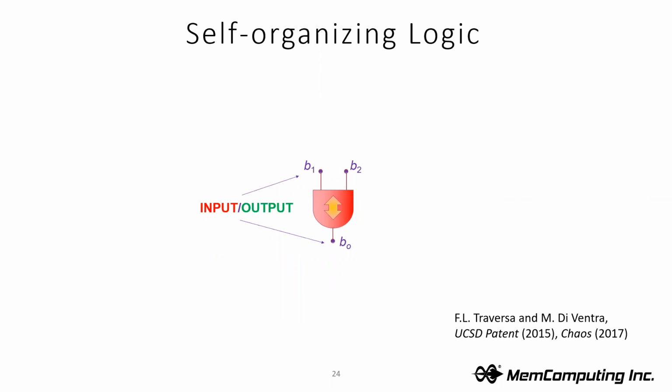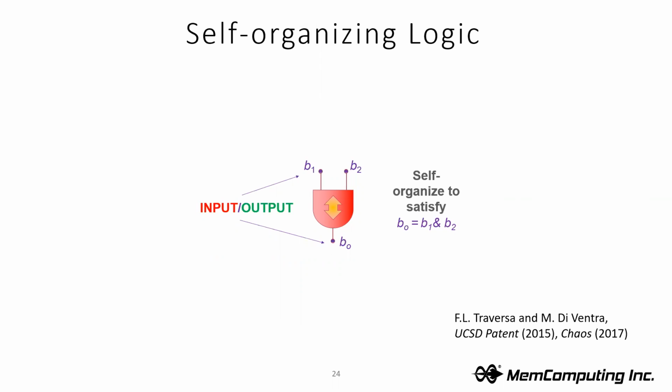They are essentially superpositional signals, and the only requirement is that, being a dynamical system, it will self-organize in order to satisfy the relation, in this case, the AND relation.